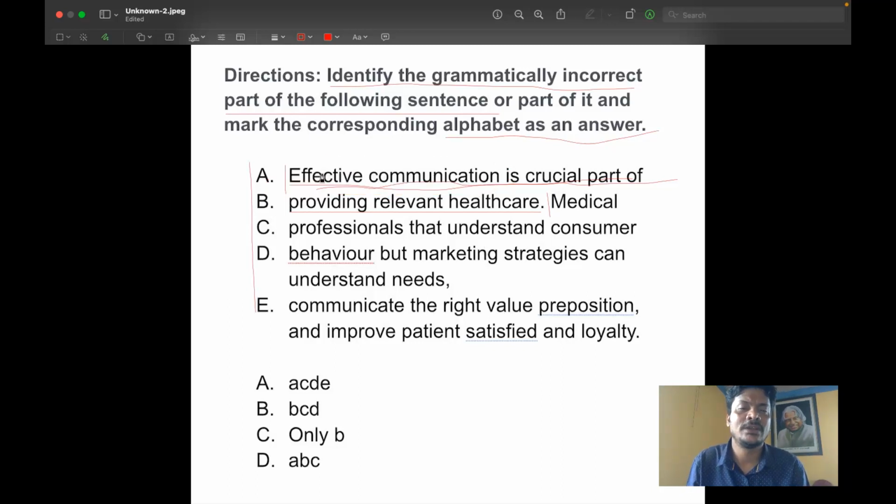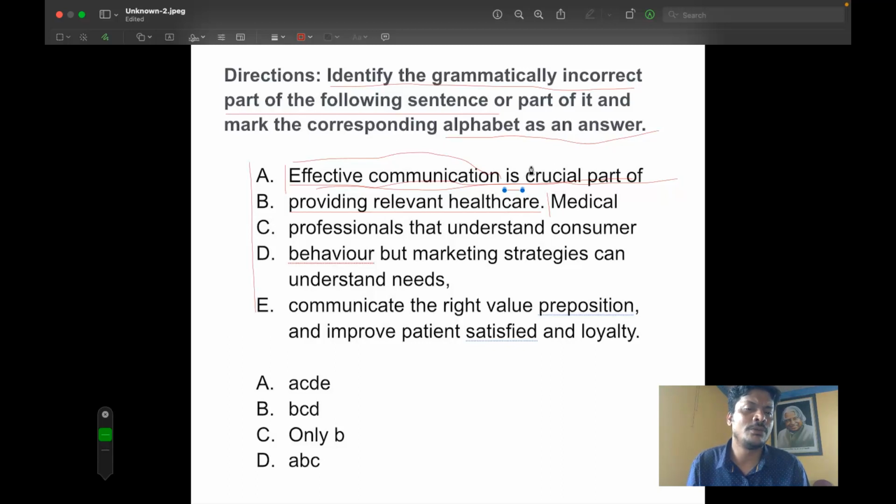Therefore, the verb provided here is "is". Effective communication. You are not saying effective communications, right? So effective communication is crucial part of providing relevant healthcare.